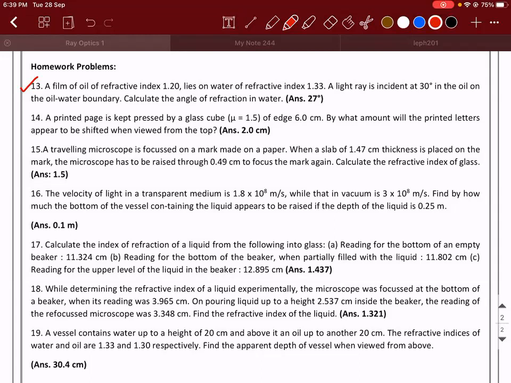What is the answer? What's the answer, guys?